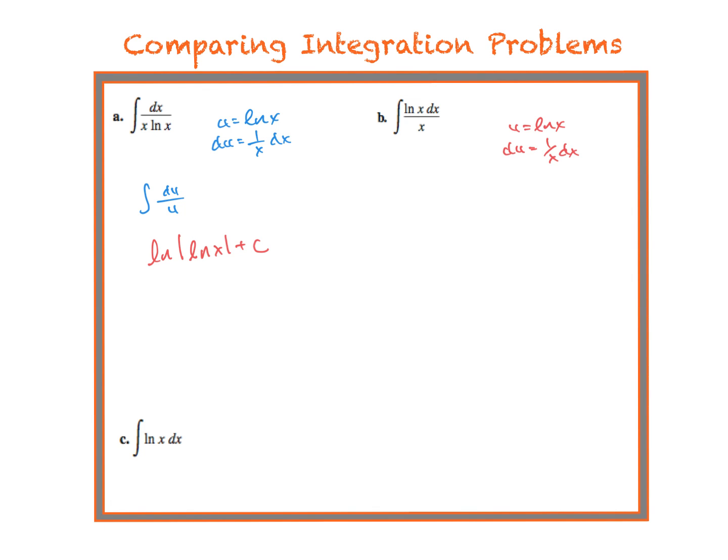Did it cover? Perfectly? Yes, perfectly. So now I just have the integral of u du. So what's my antiderivative of u du? U squared over 2. So now we'd have natural log of x, quantity squared over 2 plus c.